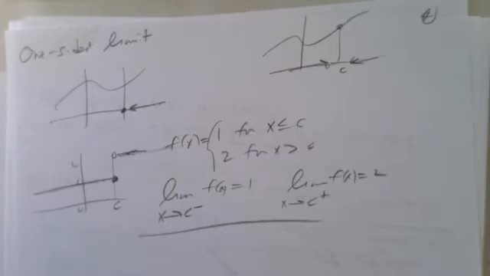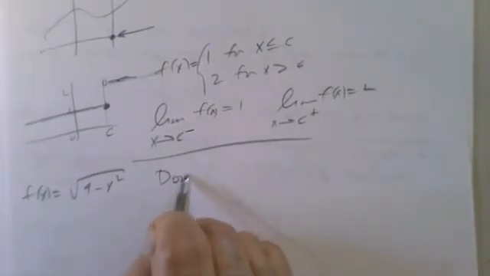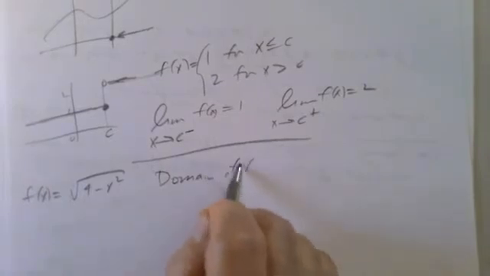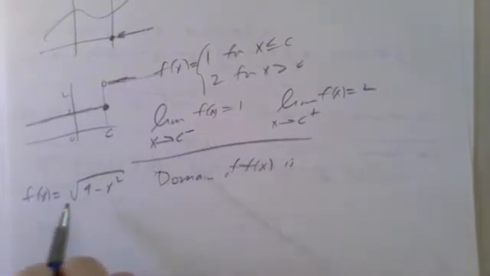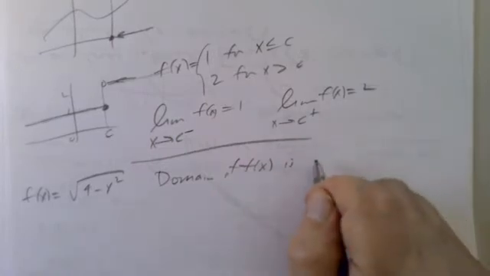Here's another nice example. Suppose we have the function f of x equals the square root of 4 minus x squared. Now, where is this function defined? The domain of f of x, that is where this function can be computed. You're taking a square root, so what's under the square root has to be greater than or equal to 0.